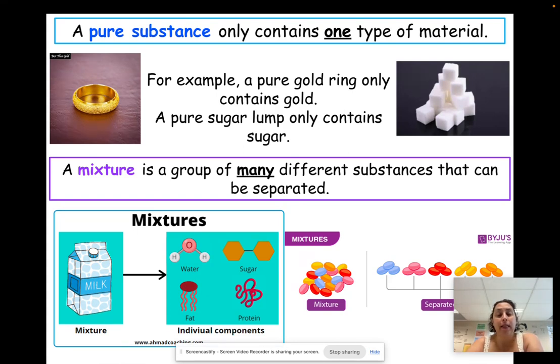The biggest difference is a mixture is a physical separation. There's no change to the substance when we take the candy out and you pick out only the teeth to eat, or you only take the rainbow candy. The rest of the candies all stay the same as they were.